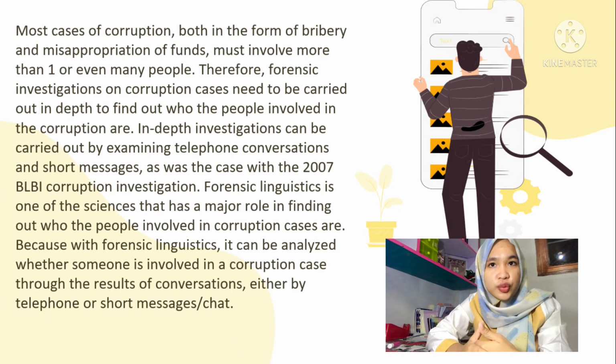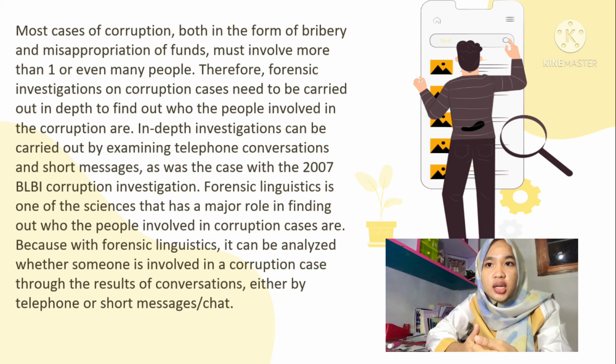Most cases of corruption, both in the form of bribery and misappropriation of funds, must involve more than one or even many people. Therefore, forensic investigation of corruption cases needs to be carried out in depth to find out who the people involved in the corruption are. In-depth investigation can be carried out by examining telephone conversations and short messages, as was the case with the 2007 BLBI corruption investigation.